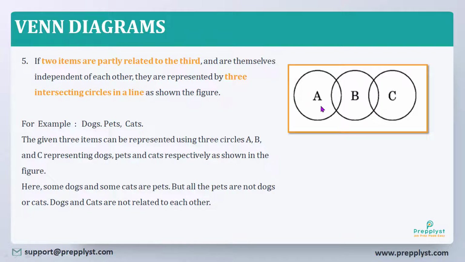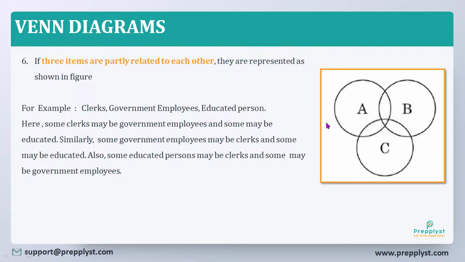So some dogs are pets, some cats are pets, but dogs and cats have nothing in common. That's why A and C are independent of each other. But yes, they are intersecting with B because some dogs are pets and some cats could also be pets, but there's nothing common in dogs and cats. So that's how we represent it to understand this better.